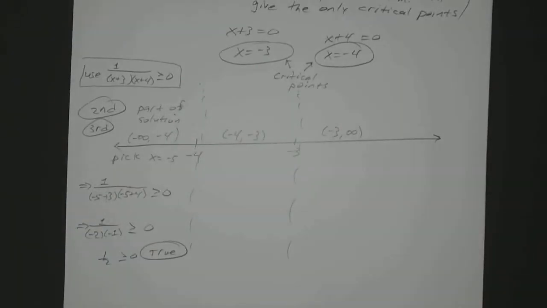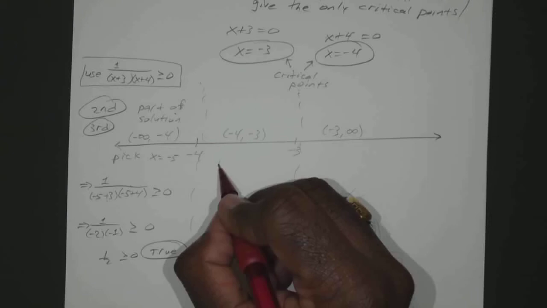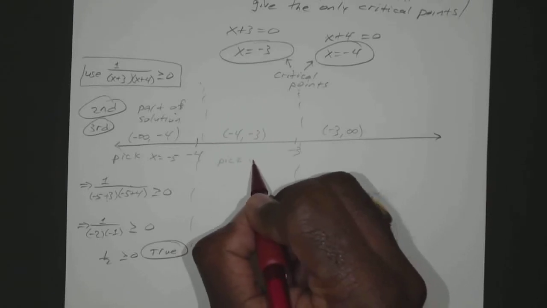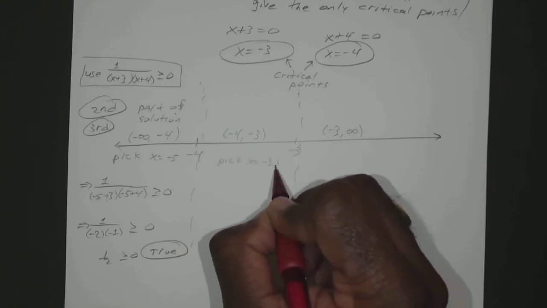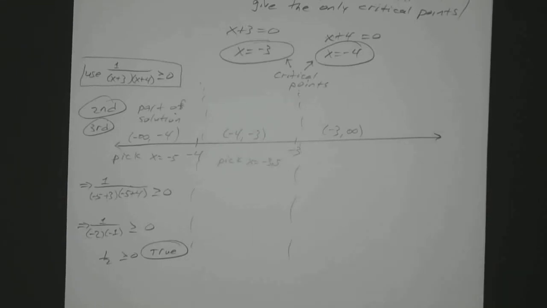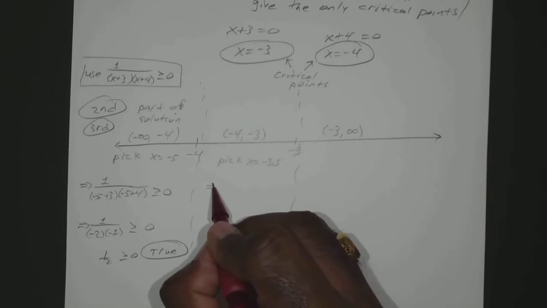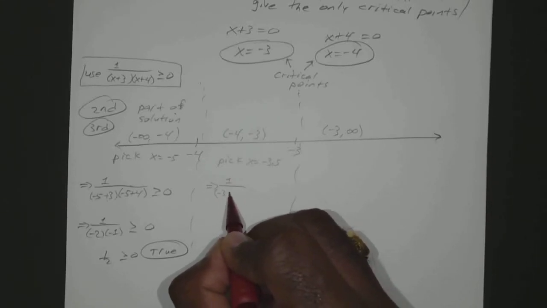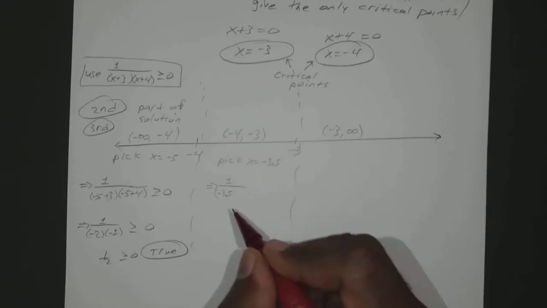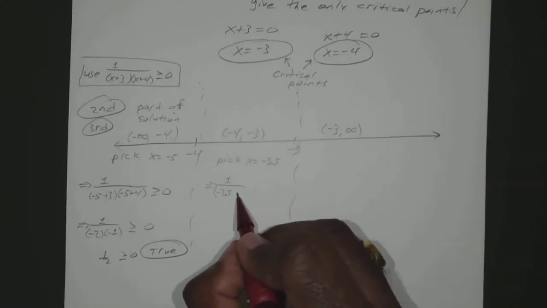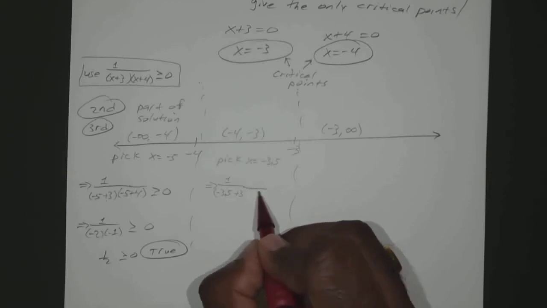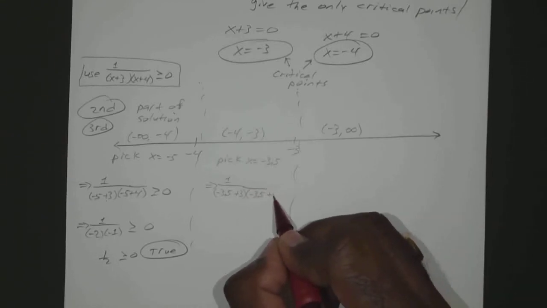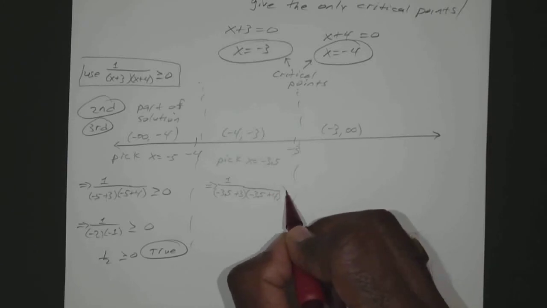Between negative 4 and negative 3, you can pick x equals negative 3.5. So that gives you 1 over (negative 3.5 plus 3)(negative 3.5 plus 4) is greater than or equal to 0.